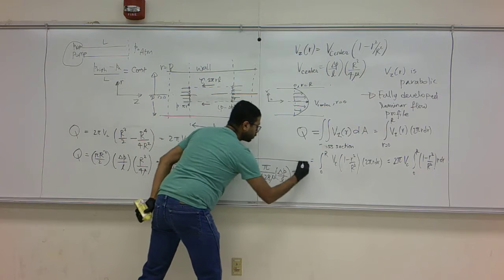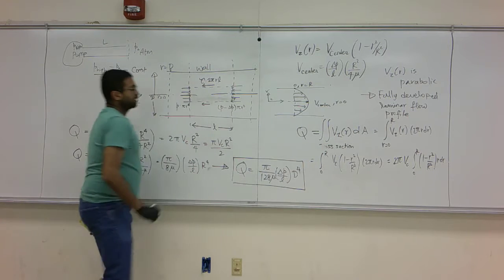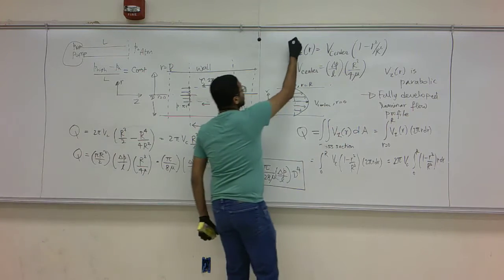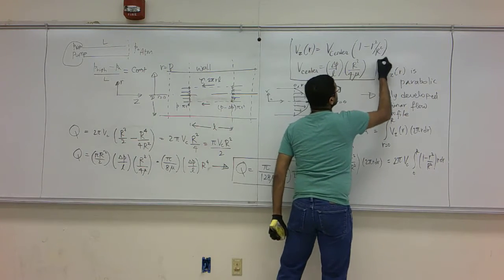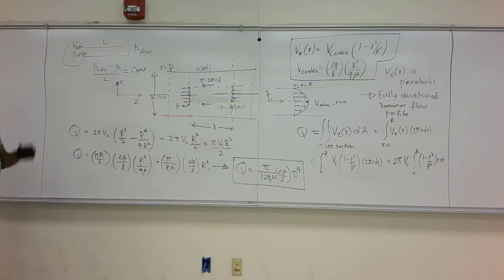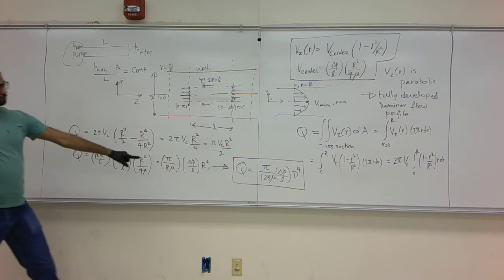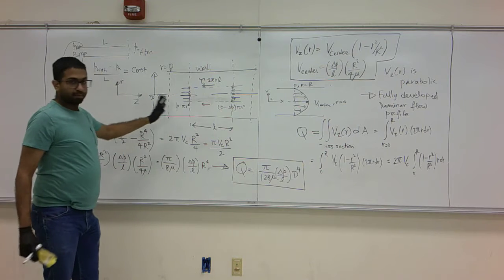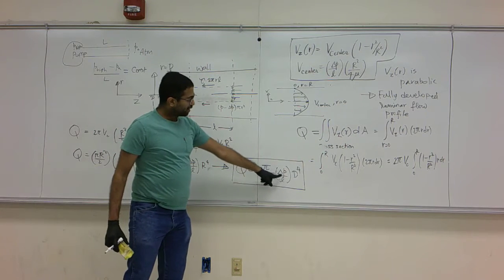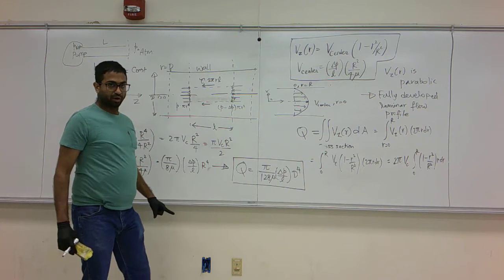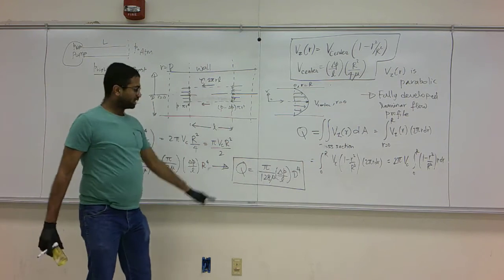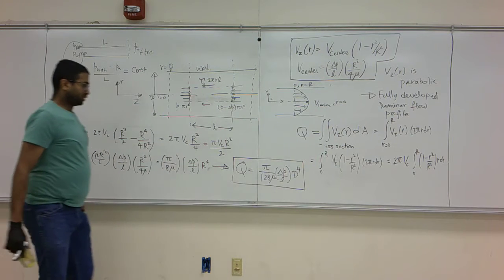This is a very useful result in the study of laminar flows. The flow rate through a pipe in a fully developed flow is related directly with the pressure drop or pressure gradient and diameter to the fourth and inverse of the viscosity.